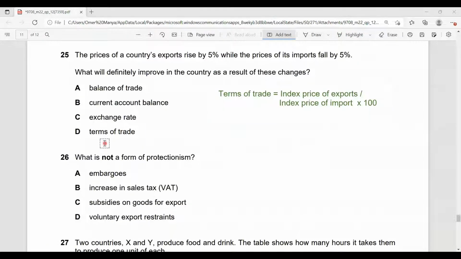However, when it comes to the terms of trade, we can say for certain that this will improve because the numerator is increasing, which is the index price of exports, and the denominator is decreasing, which is the index price of imports. So it is for certain that the TOT, or the terms of trade, will improve. Therefore, the answer is D.